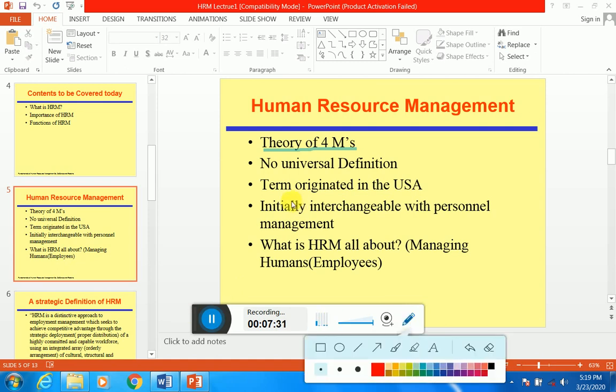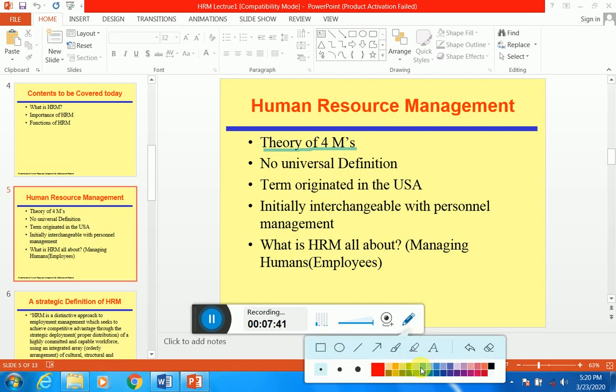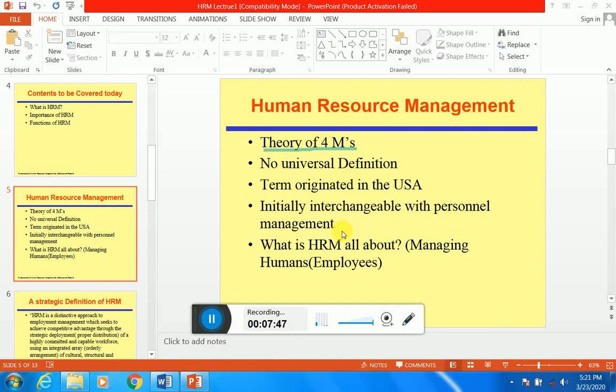Now, the next point: no universal definition. What does it mean, no universal definition? It is simply stated that human resource management has standard definitions, but all the definitions are not universal in nature.